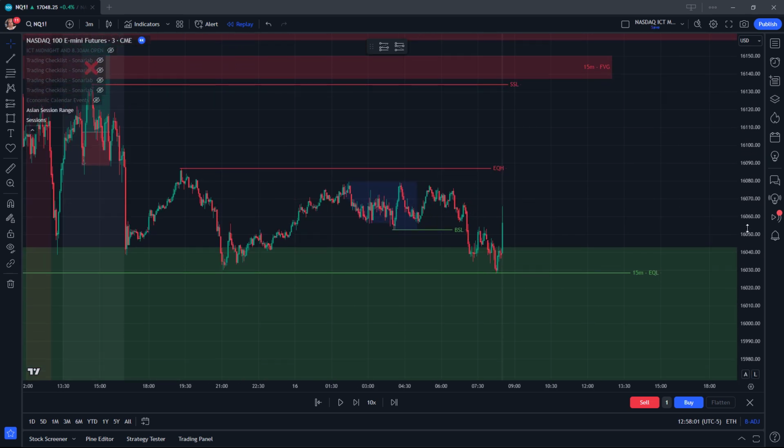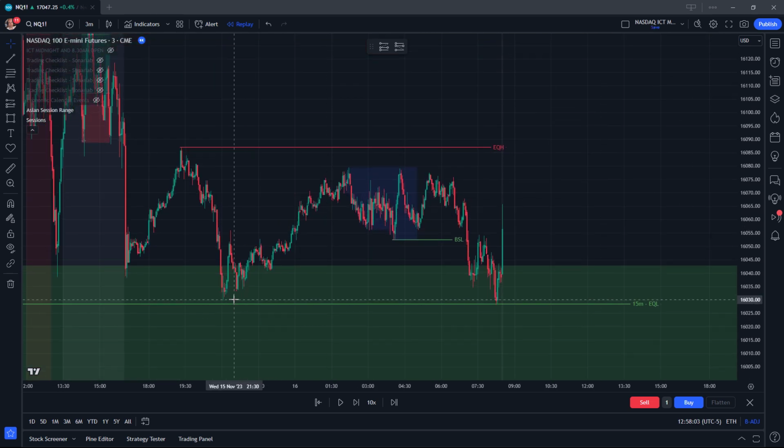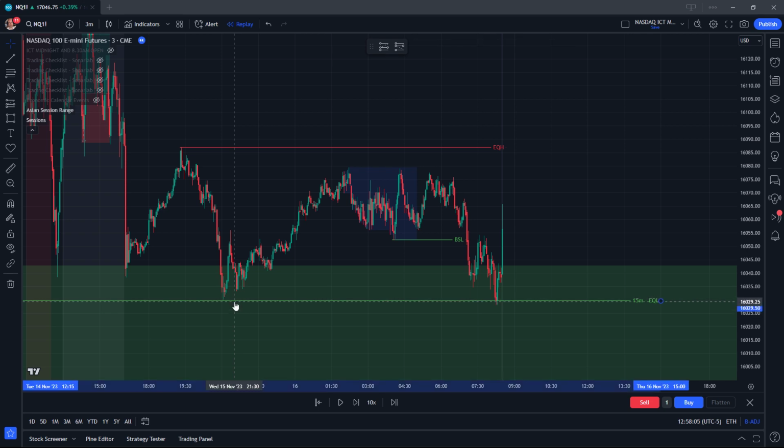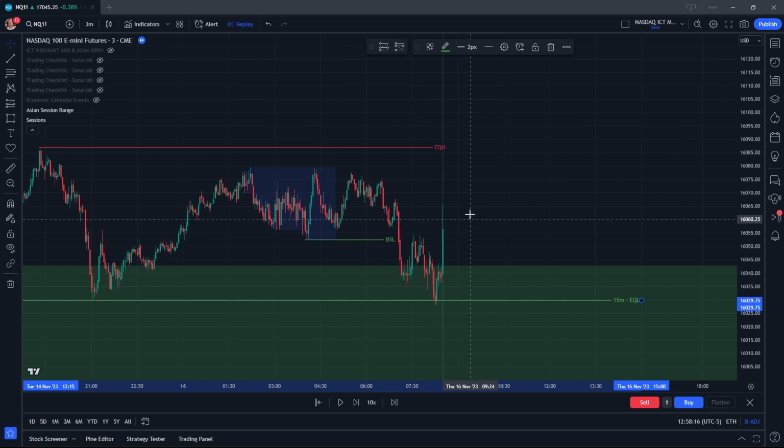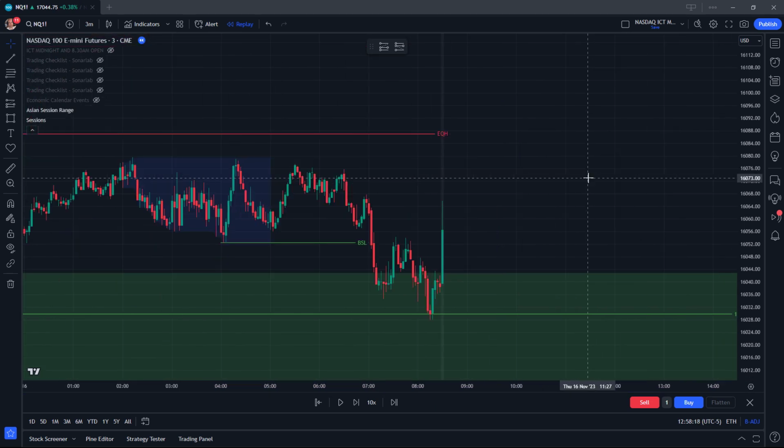We've formed these equal lows here. You could even argue we took these overnight lows here. In any case, we definitely took these PM session lows. So I'm actually looking at this move here as possibly the Judas swing.